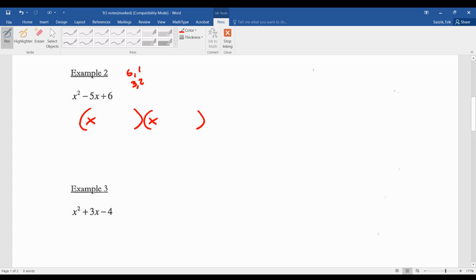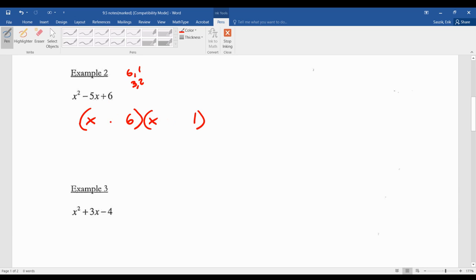Okay, I'm going to put something in that's wrong to begin with. Watch this. So this gives me 6x, and this gives me x. Now, if you subtract them, you do get 5. But it actually doesn't work. Because you see, what this sign is telling me is that the signs of these two things have to be the same, because this 6 times this 1 has to be a positive.